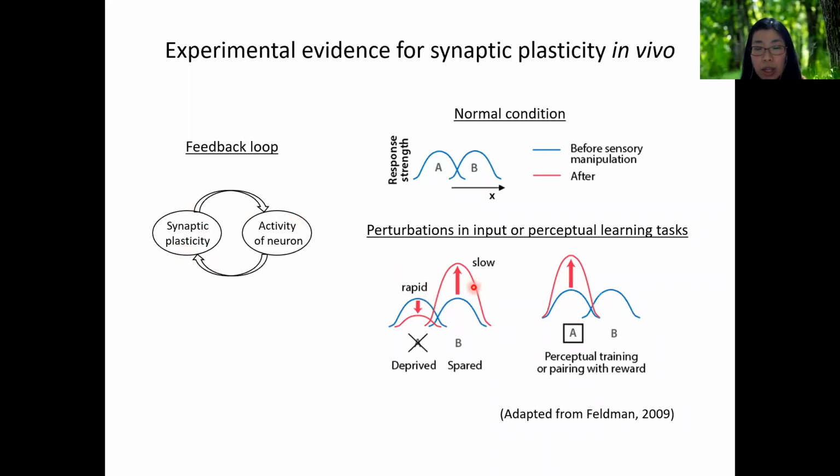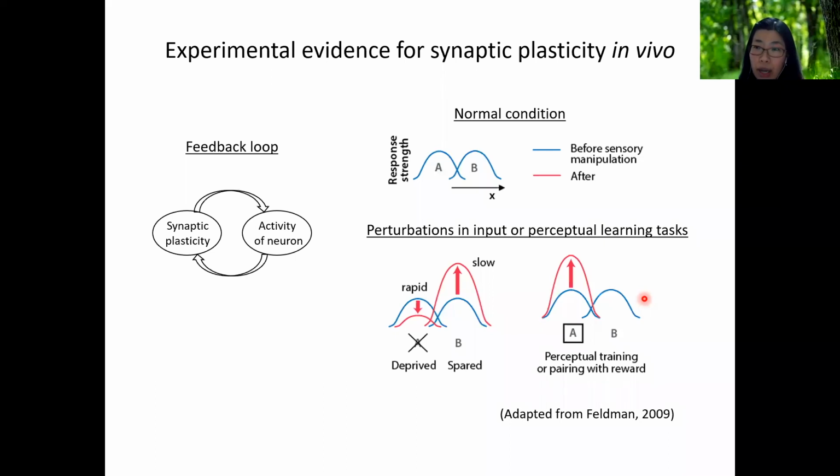For instance, changes of activity under some perturbation of the input, or perceptual learning, have been suggested as a result of this type of synaptic plasticity. However, in most of this work, they assume the synaptic plasticity was adapted from an in vitro study and explain the phenomena qualitatively.